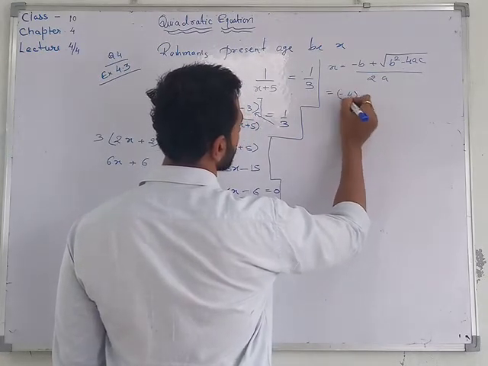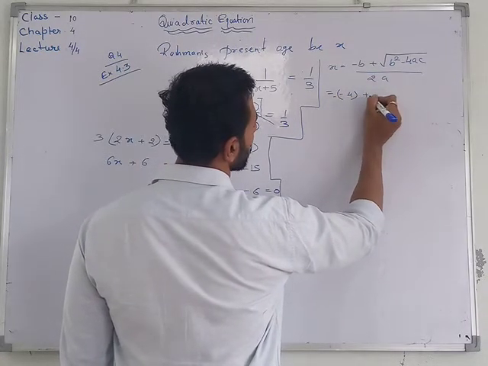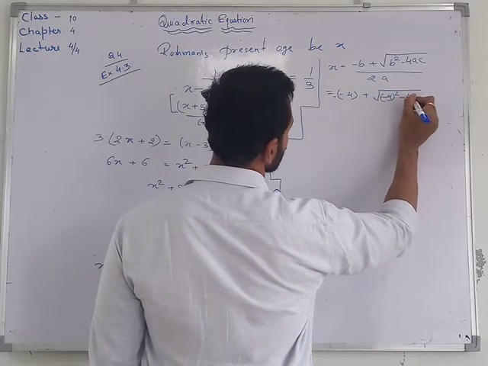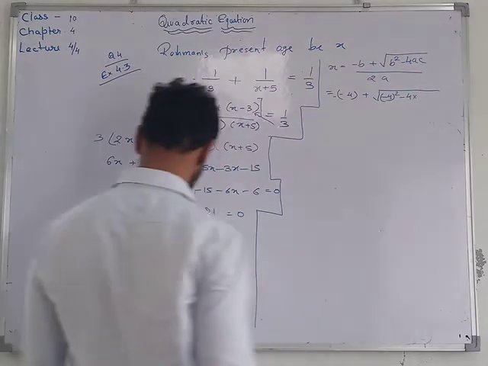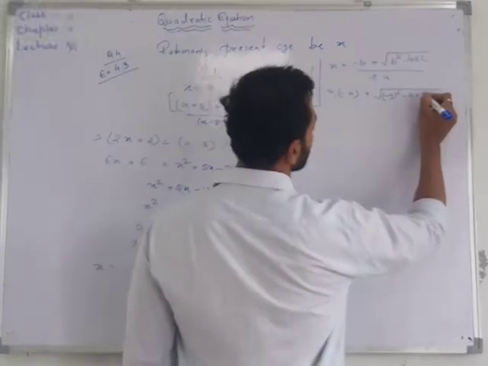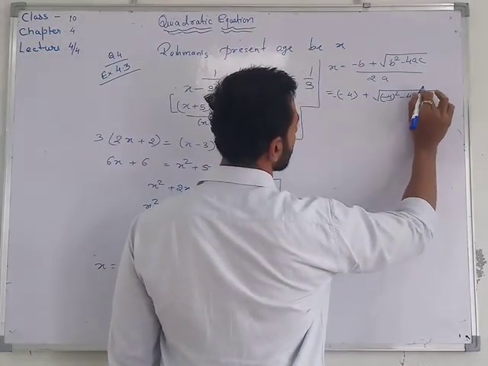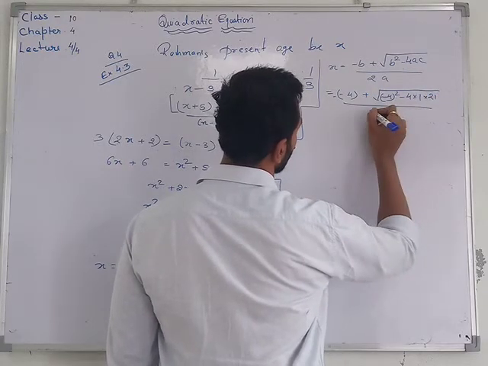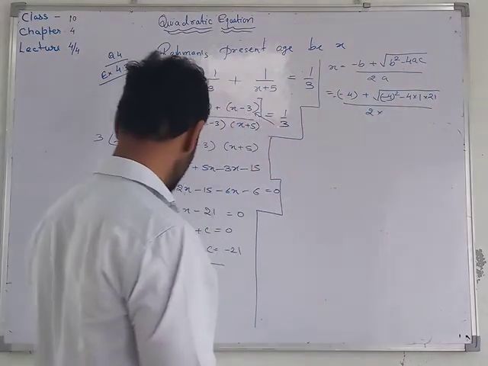minus of minus 4 plus under root of minus 4 whole square minus 4, a is 1 and c is minus 21, upon twice of a, which is 1.